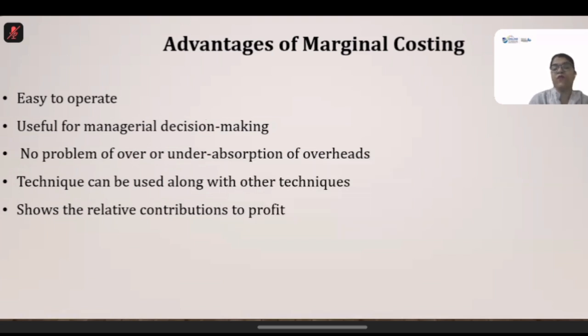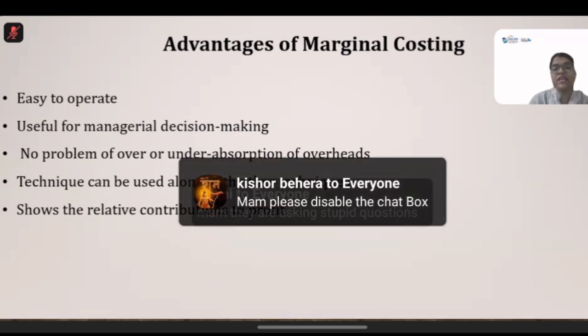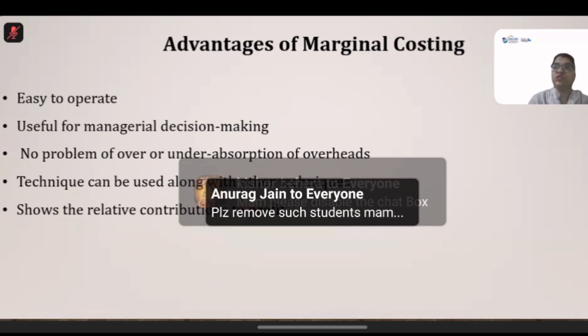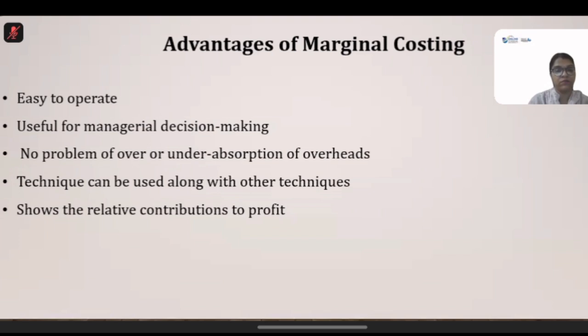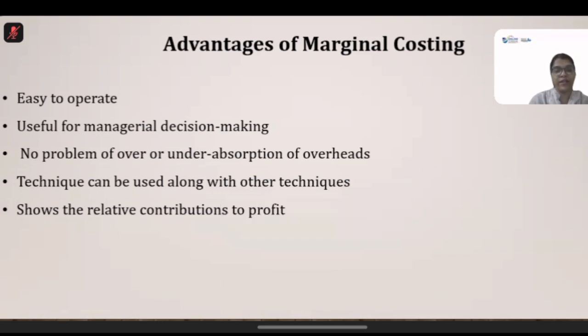If this is followed again, I will disable the chat. जो दूसरे लोग genuinely questions कर रहे हैं, पढ़ना चाह रहे हैं, they won't be able to because of you silly people. This is the last warning that I'm giving you all. Otherwise, I'll take a screenshot and send it to your higher authorities.